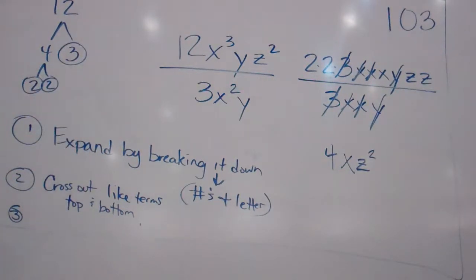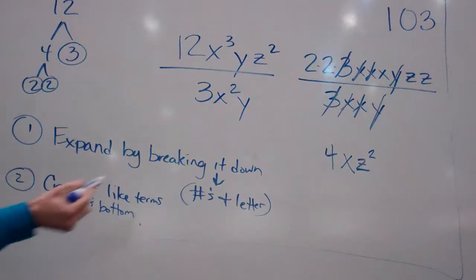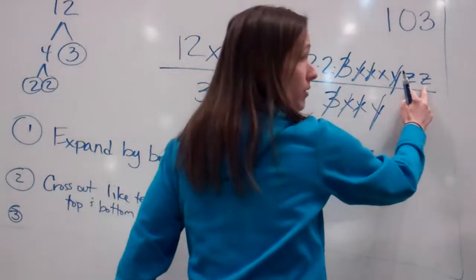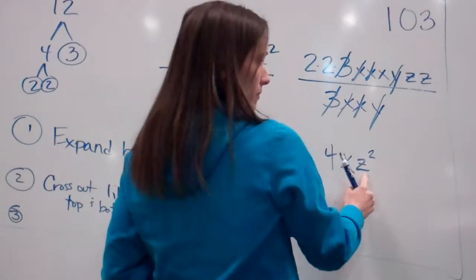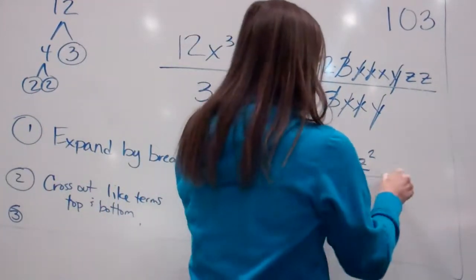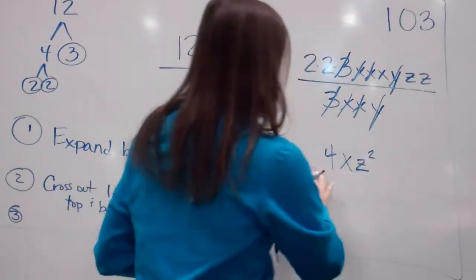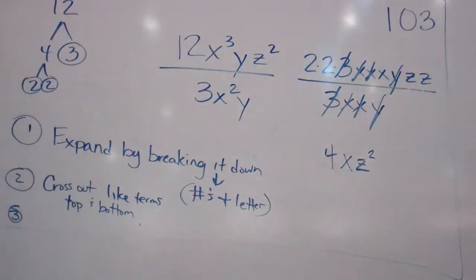What's the opposite of expand? I don't know what you would call that, but we bring these 2 z's that are expanded right now back together into z squared. And then on the bottom would be nothing. So your final answer would be 4x z squared. Got it? Make sense?